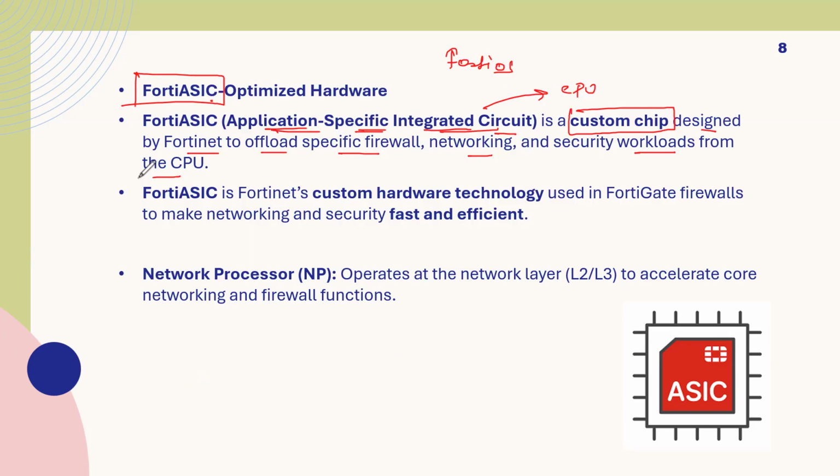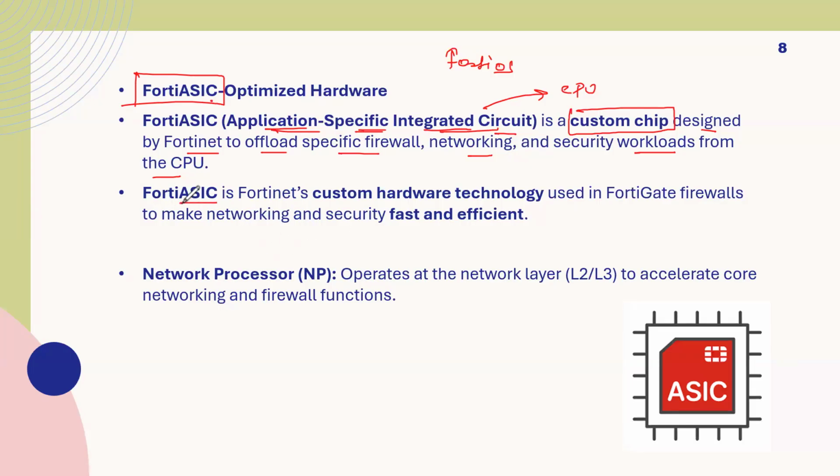To reduce the workload on the CPU, we have an integrated circuit, which has a combination of chips. We may have, let's say, a network processor and a content processor. We are not going to have an individual chip for each; they both will be in a single chip. That's why we say it is an integrated circuit.